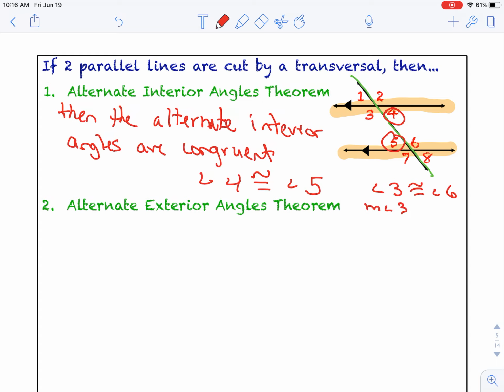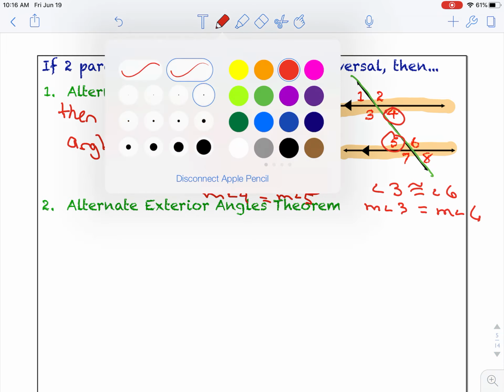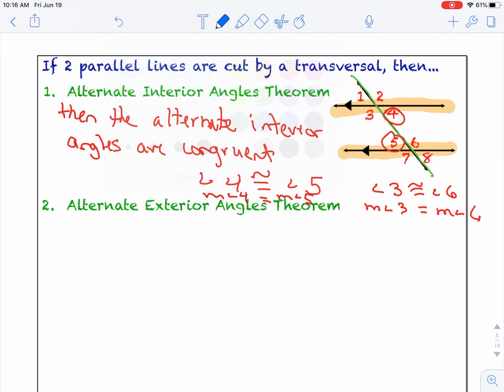So what that also means, again, remember that when we have congruent angles, then the measure of angle 3 is going to equal the measure of angle 6. And the measure of angle 4 is going to equal the measure of angle 5. And again, if you have parallel lines cut by this transversal, the alternate exterior angles theorem says that alternate exterior angles are congruent.